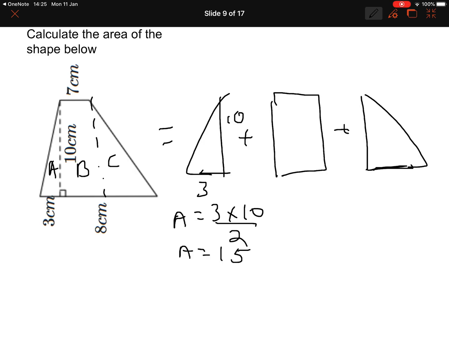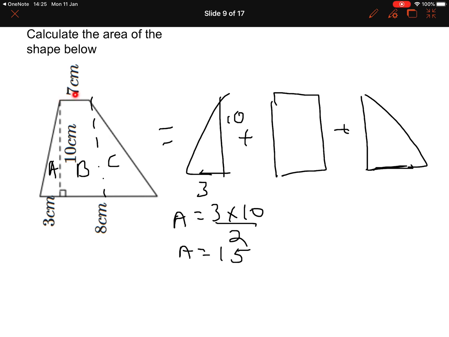The area of B is going to be, now we've got to be careful this time, because B is something that we need to work out. We need to work out the sides. So the distance from this point here to this point is 8.